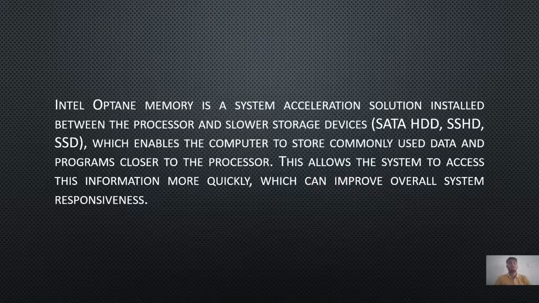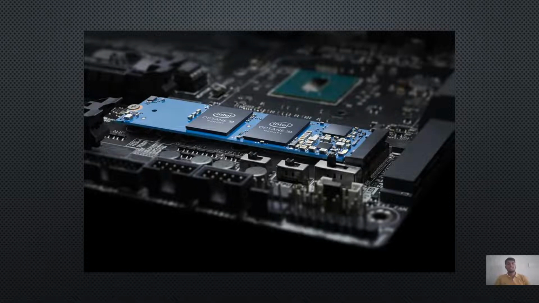The next is the image, which shows the Optane memory installed in the M.2 slot, which is itself in the motherboard. So now I would like you to take the explanation of how the Optane memory works.